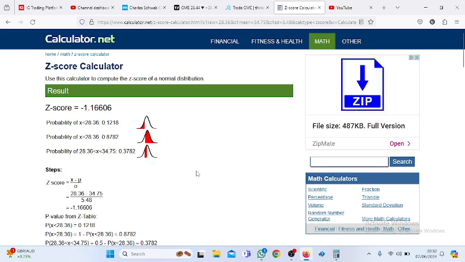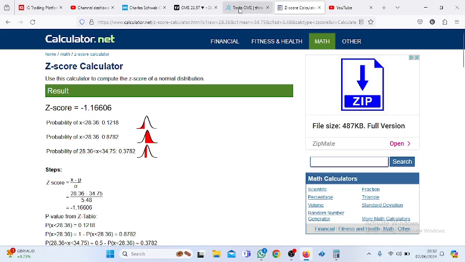So the probability of this trend continuing is, oh, the probability of a rebound is 87.82%. Look at that, 87.82%.